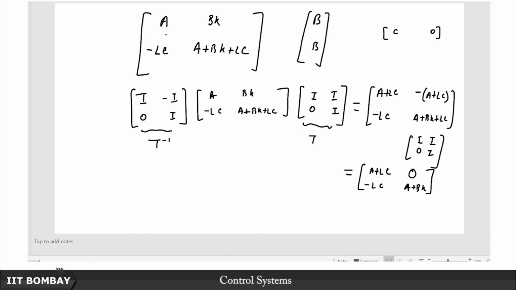If you want to push this a little ahead and also do the check, then what is the overall C, not this C, but the overall C tilde? Let me modify that.